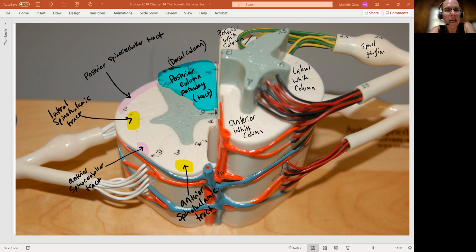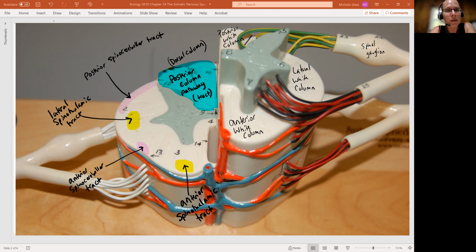And we're looking at our picture of our transverse cut of our spinal cord. We have the white matter on the very outside, and highlighted within these different sections of white matter, we have our tracts. So these are the different cables that we're seeing running through the spinal cord.